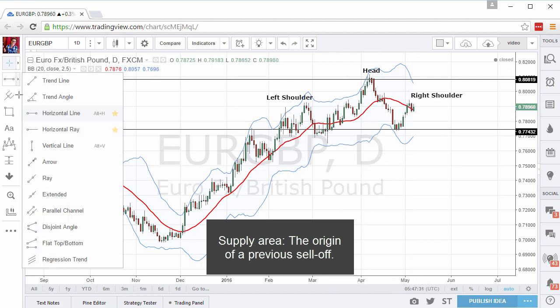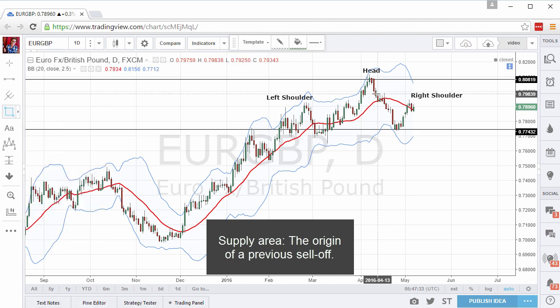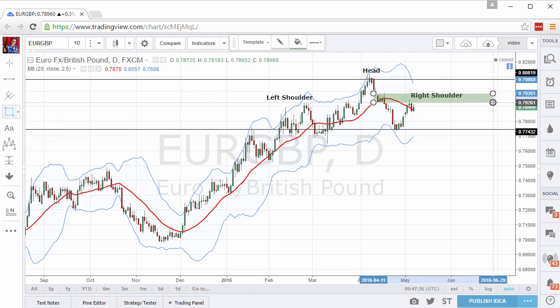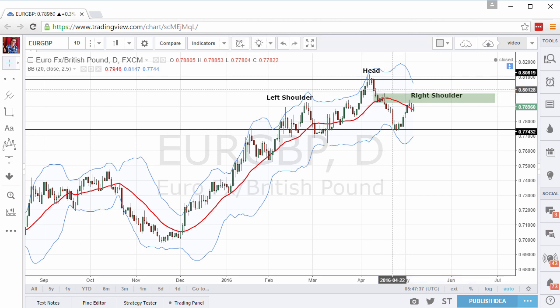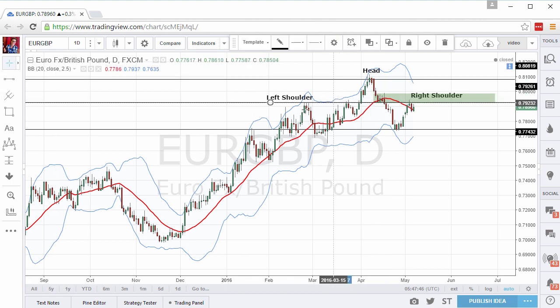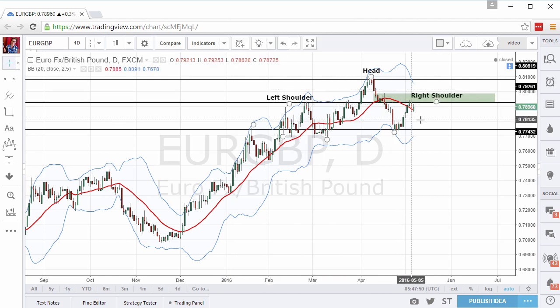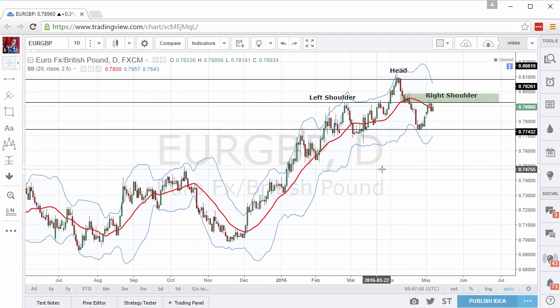There's also a supply area. When we look at here, you can see previously price consolidated here for a little bit before it sold off, and it seems like we're picking up new sellers here again. We can also use our horizontal tool, and then you will see that this area has been support and resistance previously, and it's important to have it on our charts.